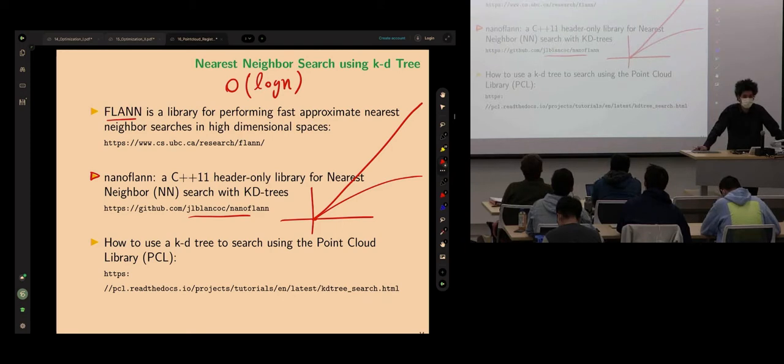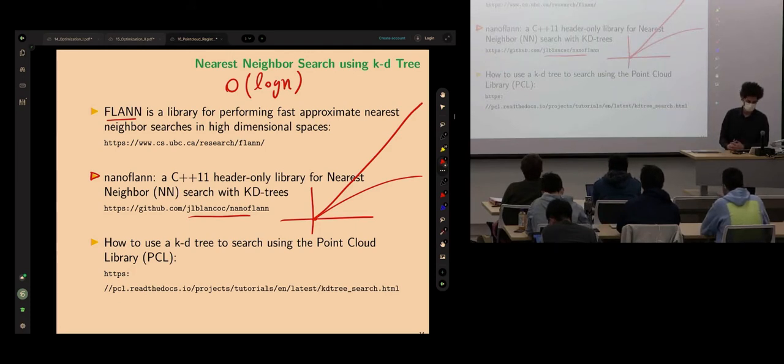He is the developer of MRPT, the open source C++ library for robotics. There are lots of good algorithms in that library. So this is a header-only library, so it's very easy to include in your package, and you can just load it and use it for nearest neighbor search.